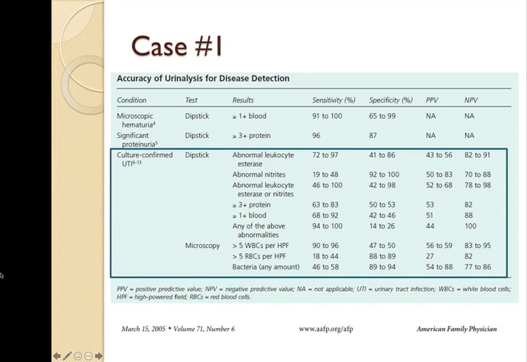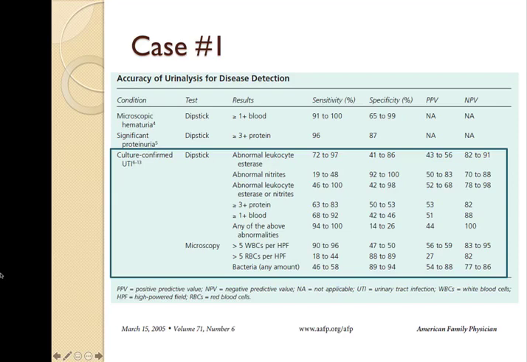However, the specificity range was wide, 41 to 86. However, if you look at the nitrites, it was found to be very specific, 92 to 100%. However, the sensitivity of positive nitrites was only 19 to 48. So that's something important to keep in mind.